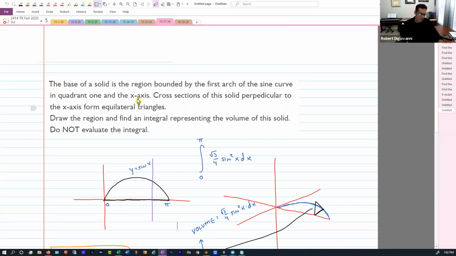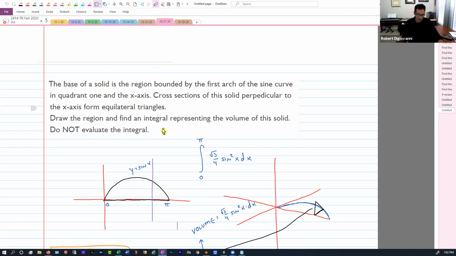This is the problem the way it would be presented to you on a test. No pictures or anything, it just says, the base of a solid is the region bounded by the first arc of the sine curve in quadrant one and the x-axis. Cross sections of this solid perpendicular to the x-axis form equilateral triangles.